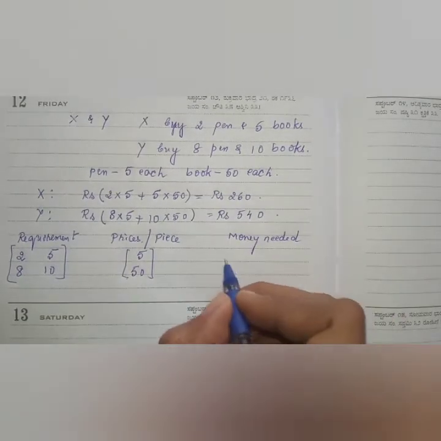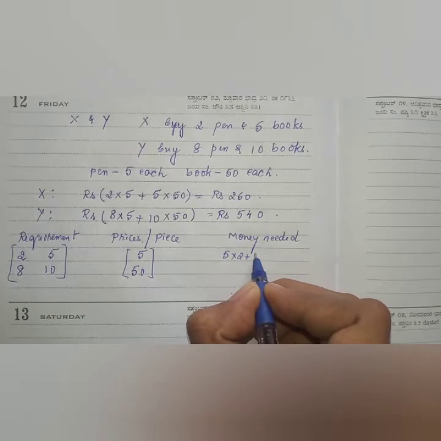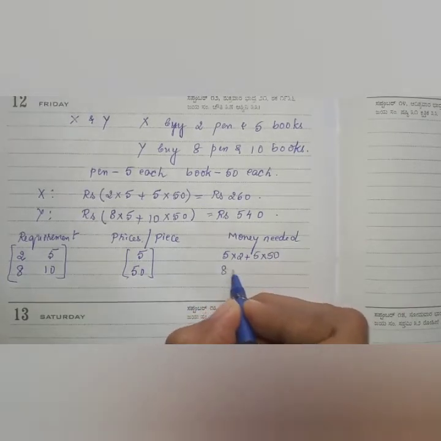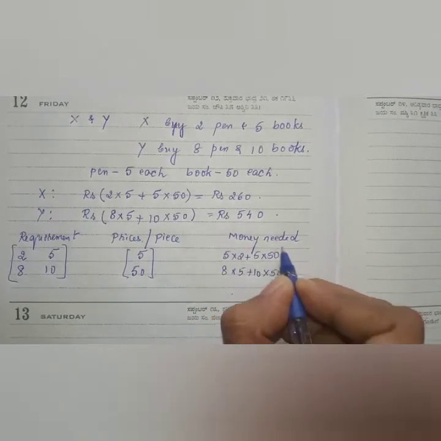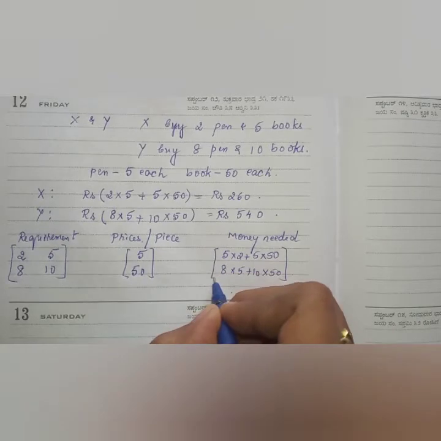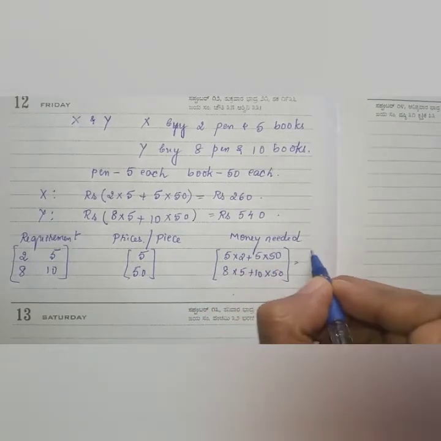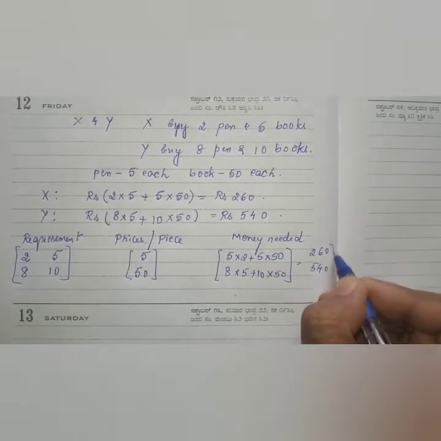Then the total is 5 into 2 plus 5 into 50. Another one is 8 into 5 plus 10 into 50. So this is one more matrix notation, and this is equal to 260 and 540.